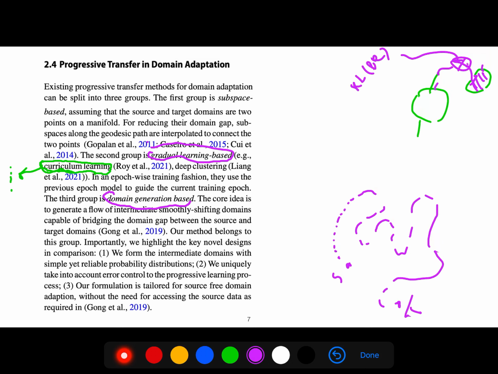So importantly, we highlight the key novel designs in comparison. We form the intermediate domains with simple yet reliable probability distributions. We uniquely take into account error control through the progressive learning process. Our formulation is tailored for source-free domain adaptation.